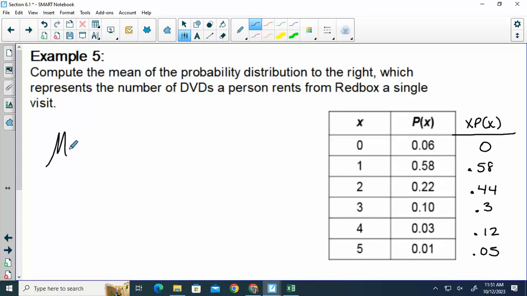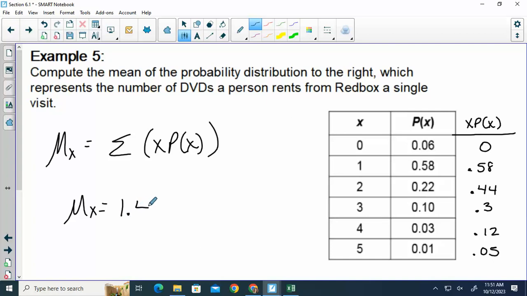So the mean is just adding up all the x times p of x's. So we could get 1.49. Is that okay?